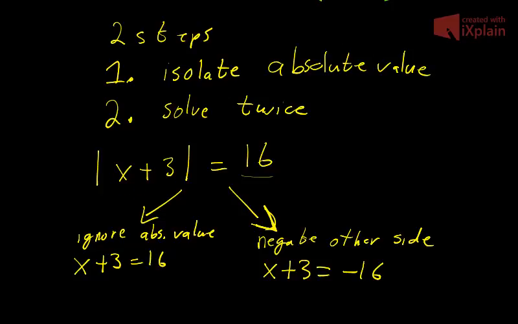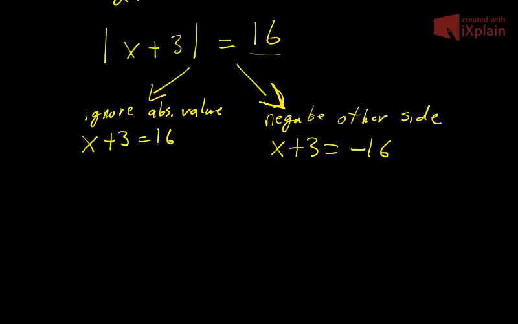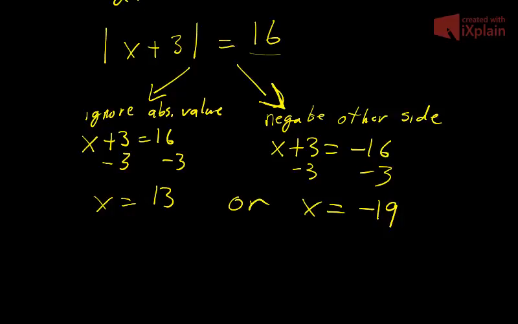So I split it up into two equations, one where I just ignore the absolute value, and the other where I negate the other side. After this I can solve these by subtracting 3 from both sides, and I end up with x equals 13, or x equals negative 19. And that's how absolute value is going to work, which is pretty nifty.